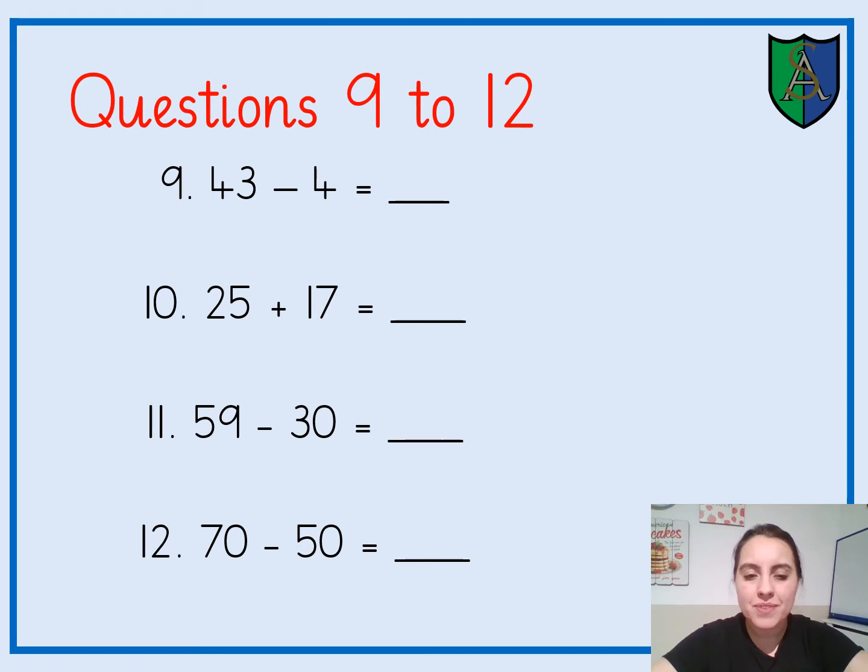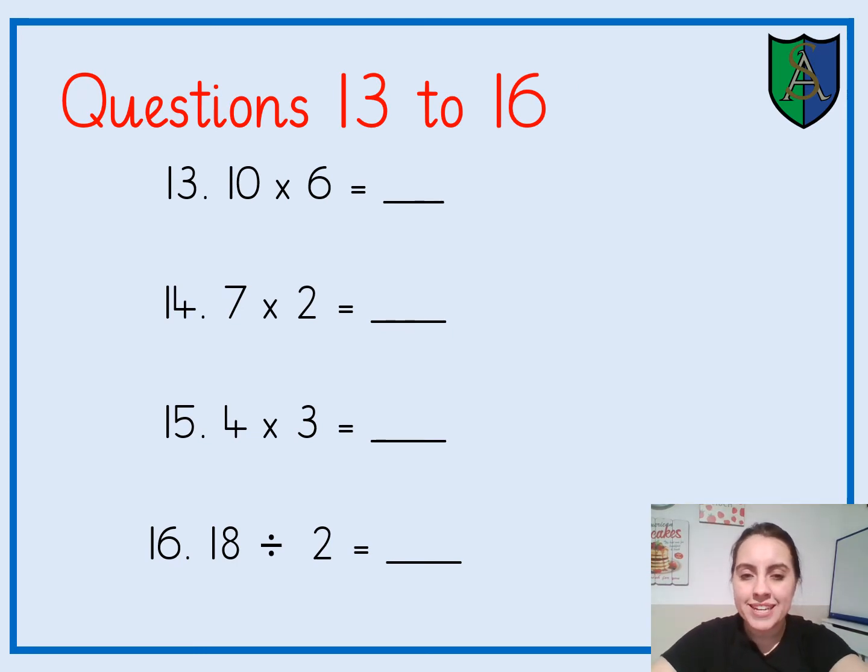Question number 11: 59, 30, something. And question number 12: 70, 50, something. One more time. Question number 12: 70, 50, something. Moving on then to our next slide now.